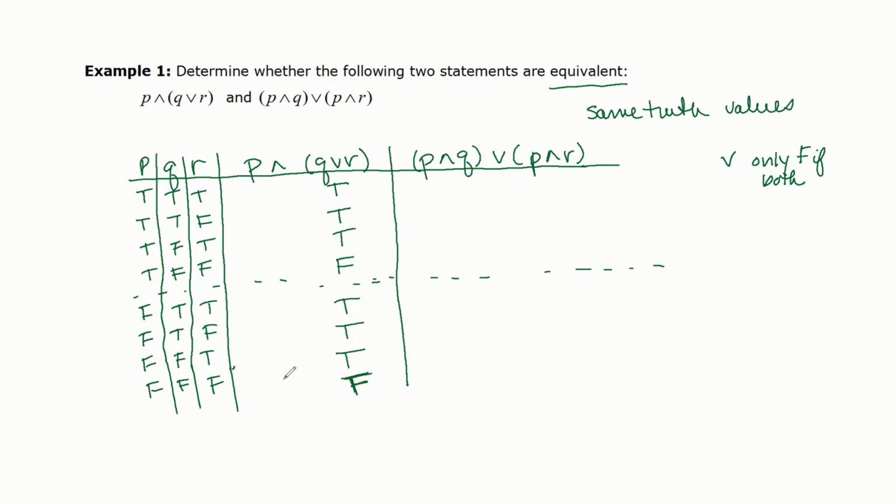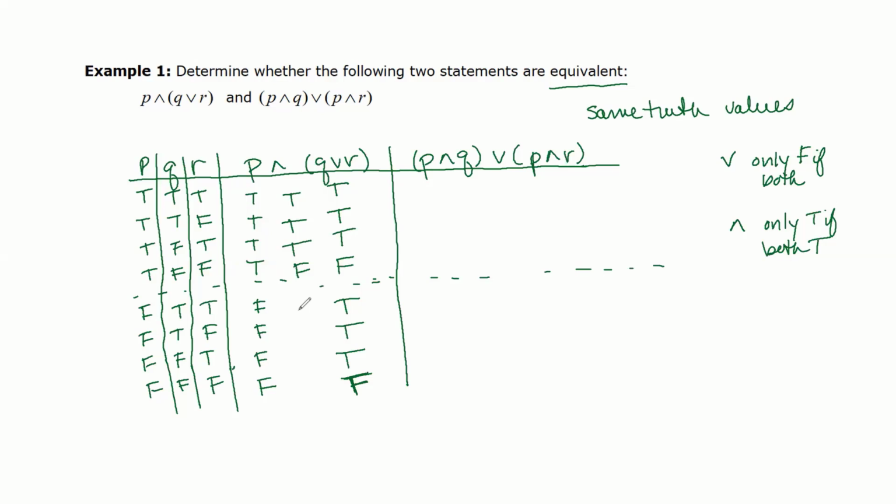Now we have to AND that with P. I'm going to go ahead and write in P. You may not need to, and that's fine. Just kind of remind myself what it is. And our final step is to do the AND. We remember the AND is only true if both are true. So true and true is true, true and true is true, true and true is true, true and false is false.